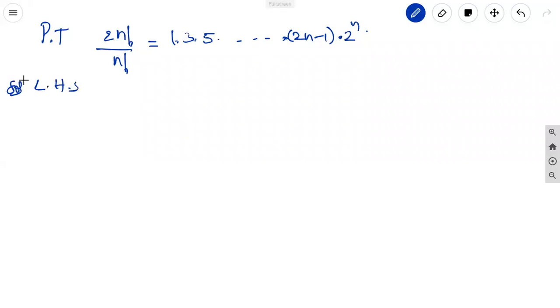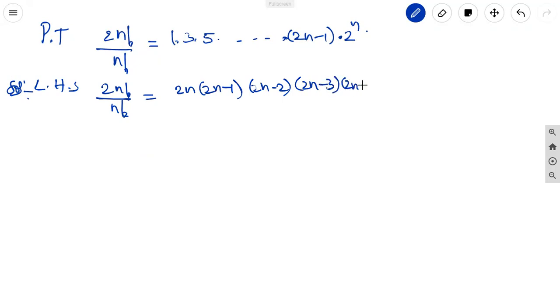The solution: (2n)!/n! can be written as 2n × (2n−1) × (2n−2) × (2n−3) × (2n−4) and so on, up to (2n−n+2) × (2n−n+1) × (2n−n)!, divided by n!.